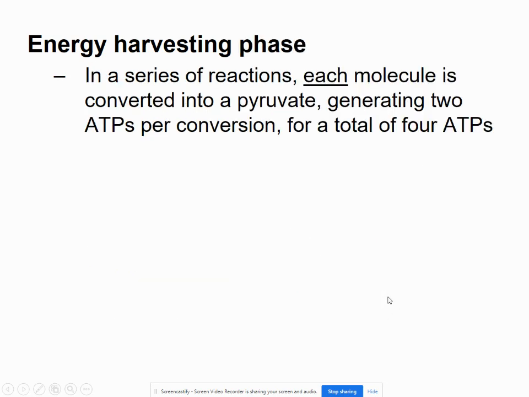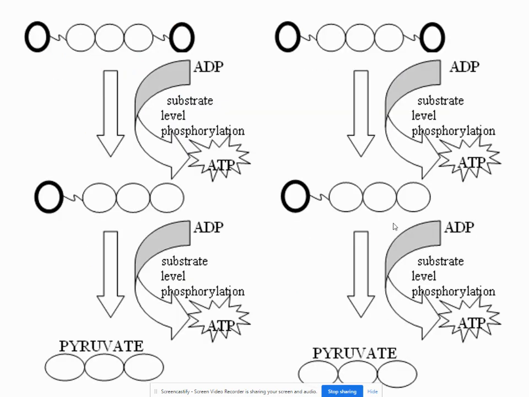And then the next phase, we actually generate ourselves ATP. So we knock off each of those phosphates, add them to an ADP, and we got 4 ATP, 1, 2, 3, 4, and we are left with 2 pyruvates. That is glycolysis. If oxygen is present, this pyruvate is going to enter into something called the link reaction, which we will do next.